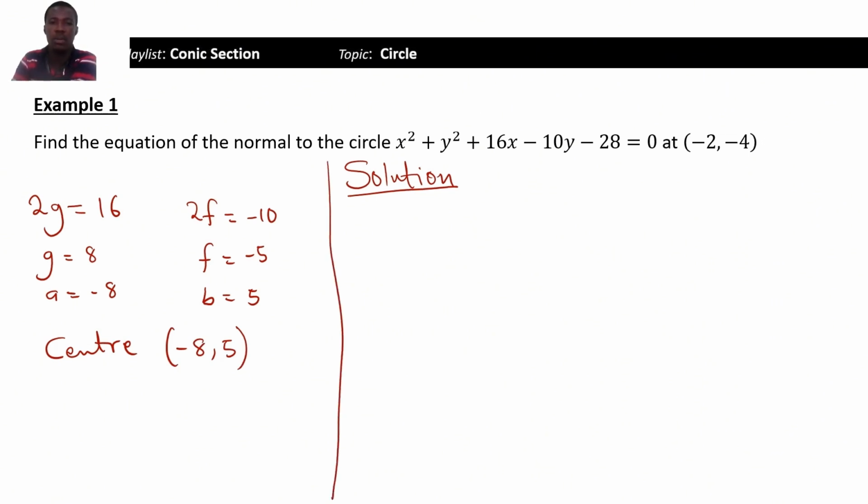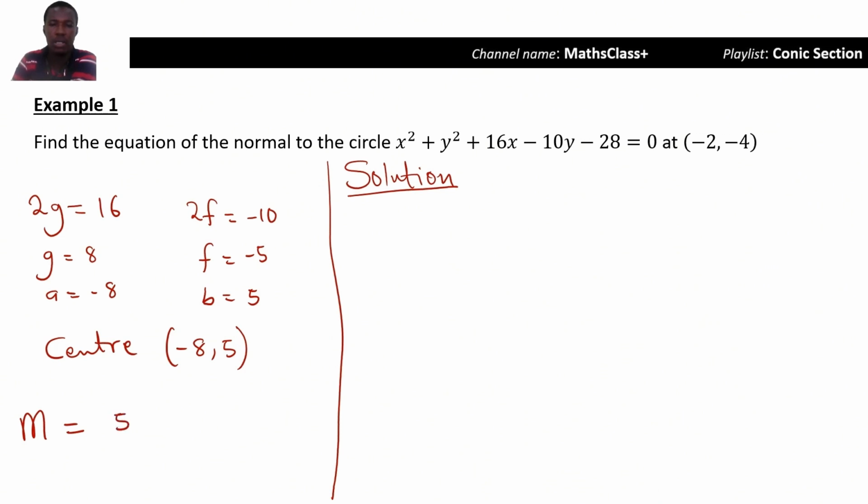Now we can find the gradient of the radius which touches the point of contact, and that will be given as, let's say, m is equal to 5 minus -4, which will be 5 plus 4, divided by -8 minus -2, which will be plus 2.